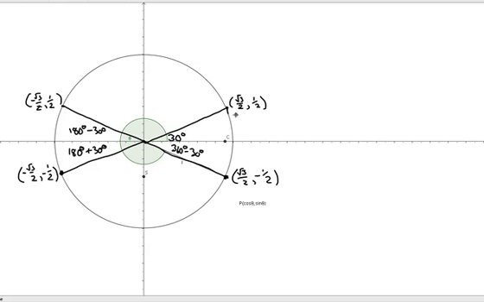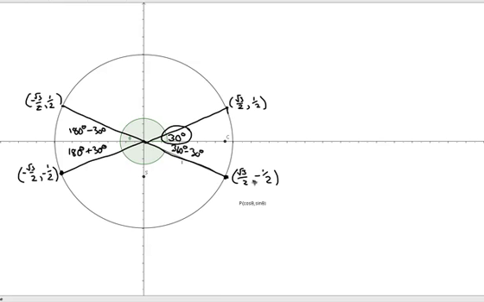So you can see that the first quadrant angle of 30 degrees has the same numerical value in the sines and cosines of 180 minus 30, 180 plus 30, and 360 minus 30. The root 3 upon 2 and the half appear in all quadrants. The only difference is the signs.